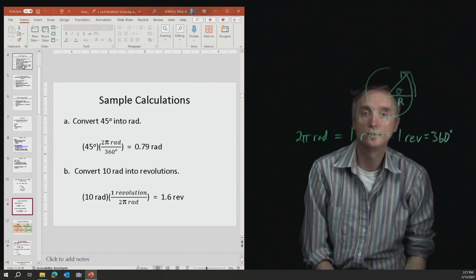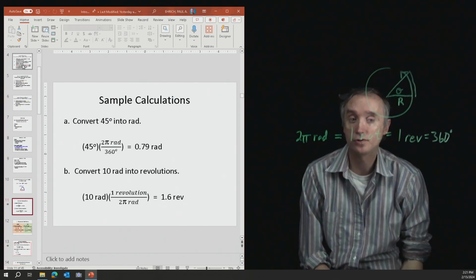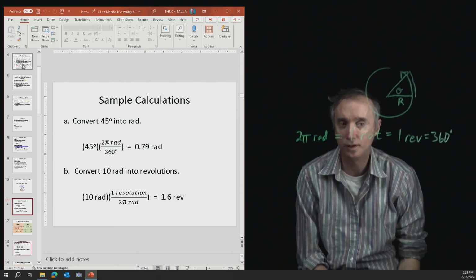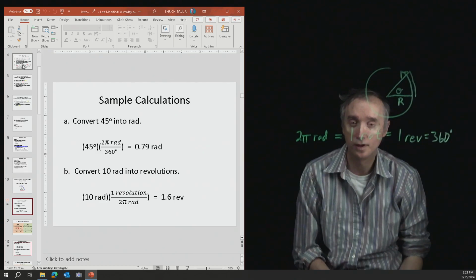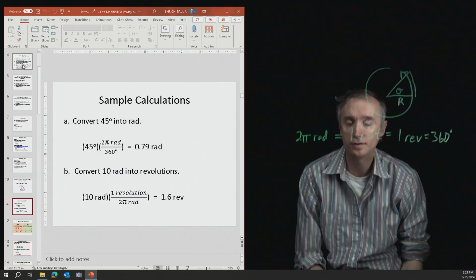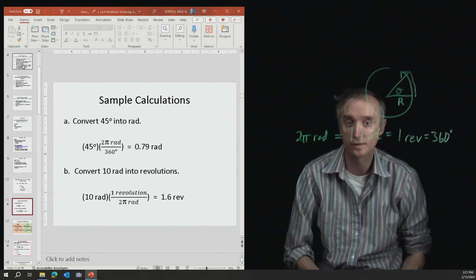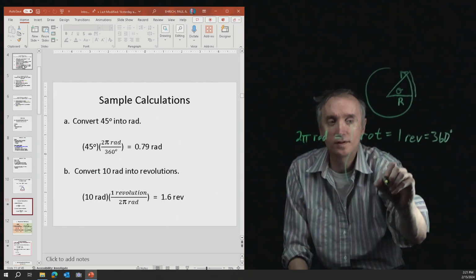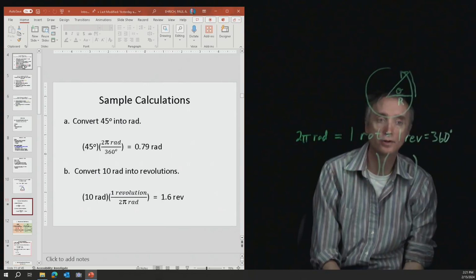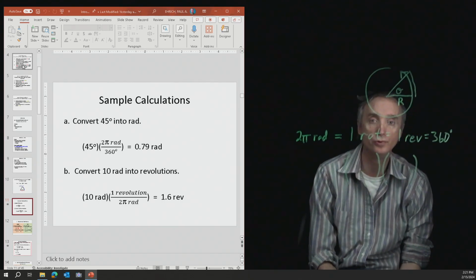So here are some sample calculations that you should be able to do. We don't do a lot of unit conversions in here, so I wanted to make sure that you knew how to do this. Whenever you do a unit conversion, you're going to write down 2 sets of parentheses. Okay, and then in 1 set of parentheses, you're going to put down what you know.